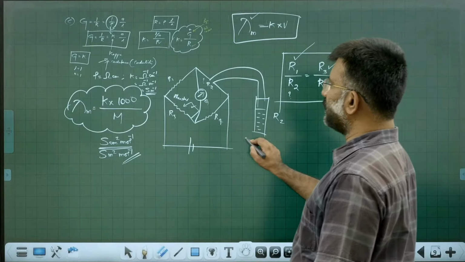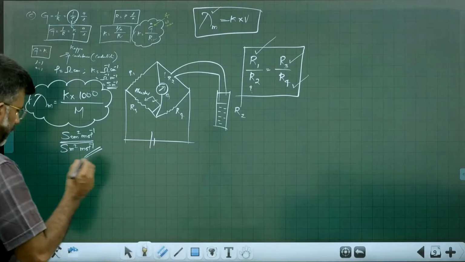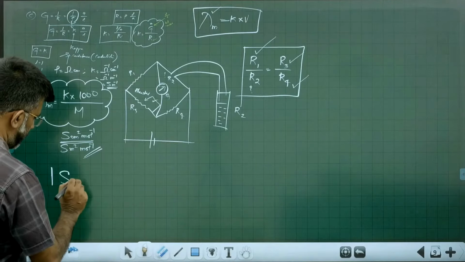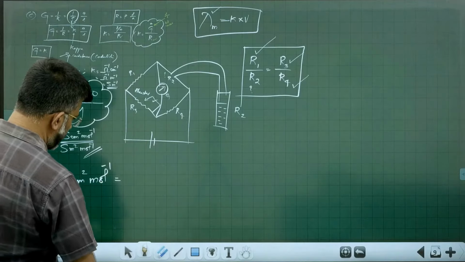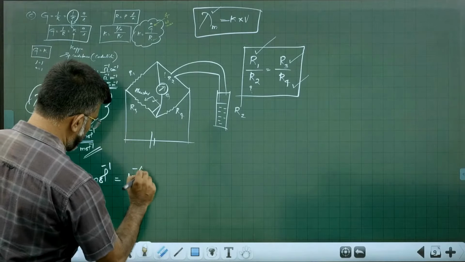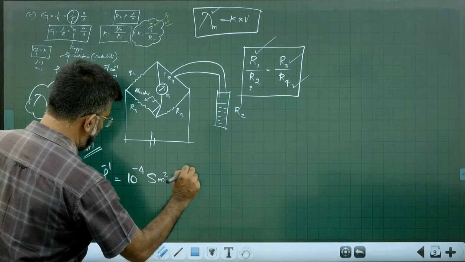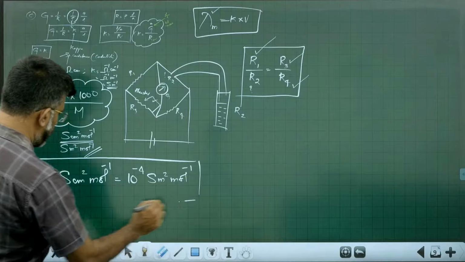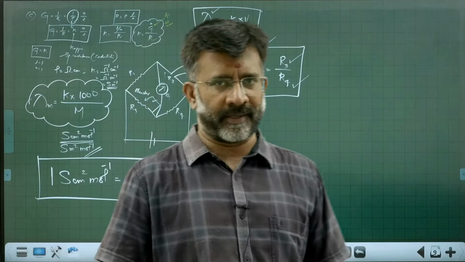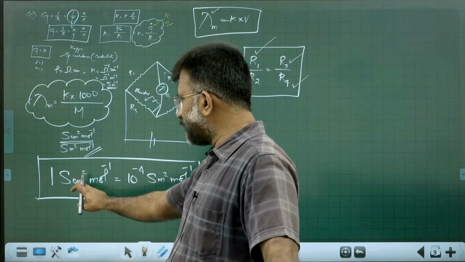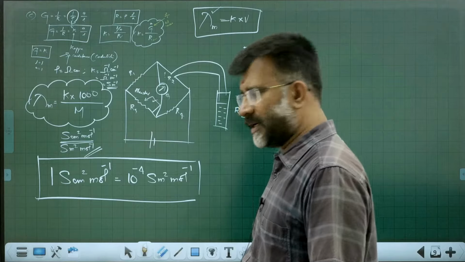Also try to review the conversions of these two units. It is there in the NCERT. 1 Siemens centimeter square per mole is equal to 10 raised to minus 4 Siemens meter square per mole. As all of you know, 1 centimeter is equal to 10 raised to minus 2 meters, and square will be 10 raised to minus 4.